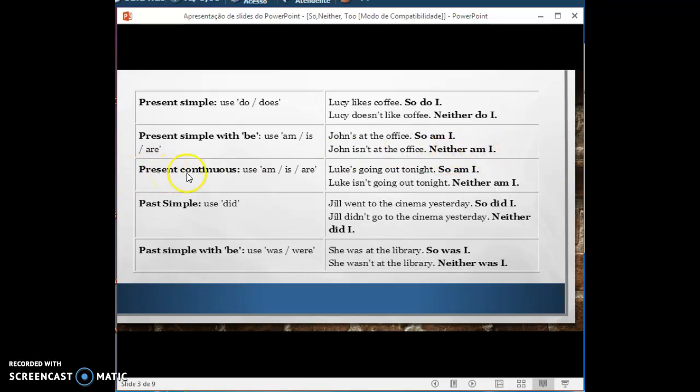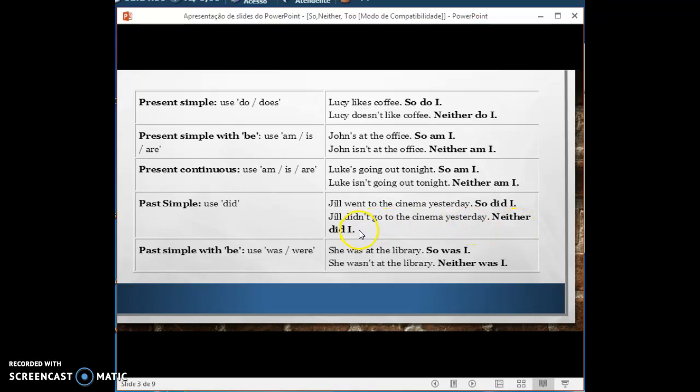The present continuous. We use am, is, are again. "Luke's going out tonight." "So am I." "Luke isn't going out tonight." "Neither am I." In the past simple, we use did. "Jill went to the cinema yesterday." "So did I." "Jill didn't go to the cinema yesterday."